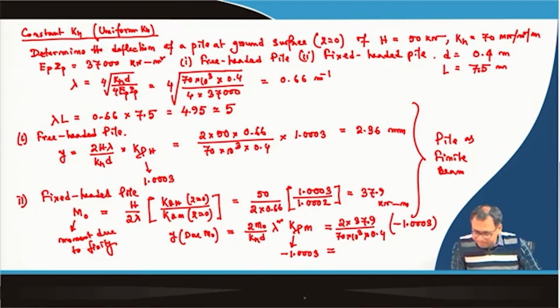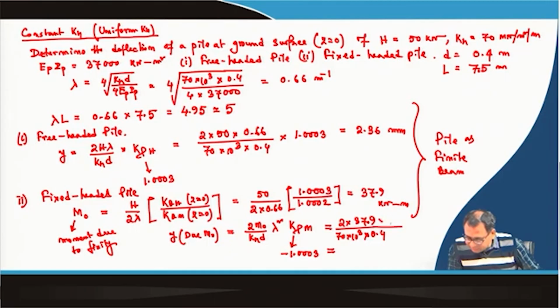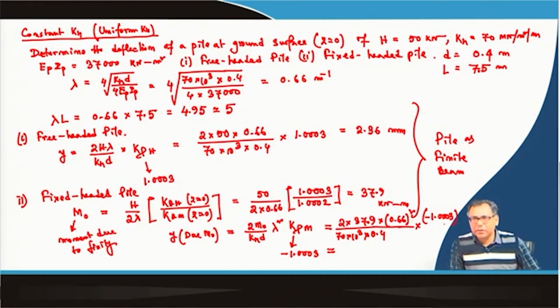Oh, there is a lambda square also. So, lambda square means 0.66 square, into minus 1.003. So, this is 2 into 37.9, 0.66 square, minus 1.003 from the table, divided by k h, 17 into 10 to the power 3, and 0.4.